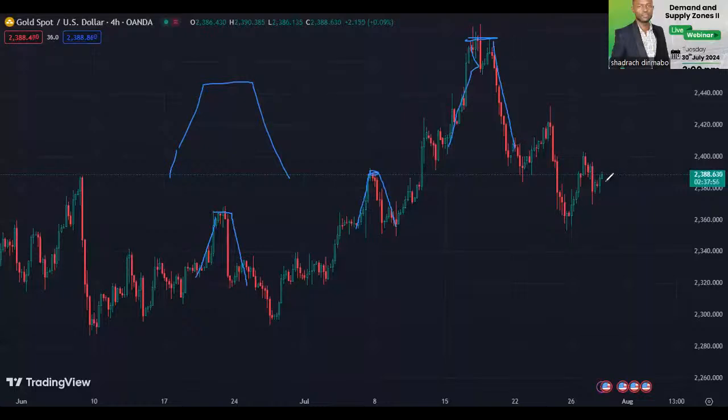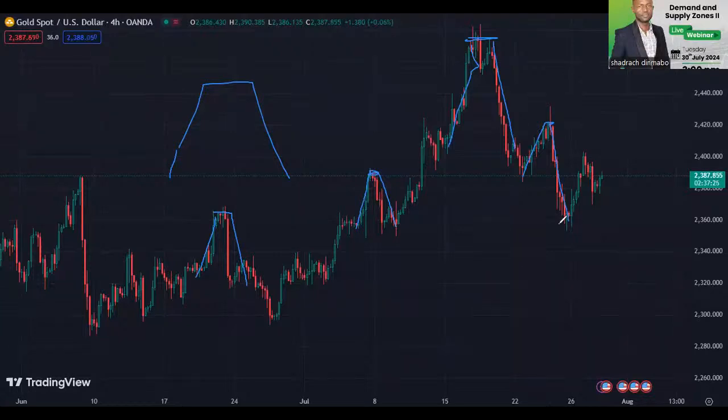Rally, base point, and then it drops. At that base point, it could be a cluster of candles, or it could be just a bullish engulfing candle. It could be a shooting star, any of the candlestick reversal patterns.